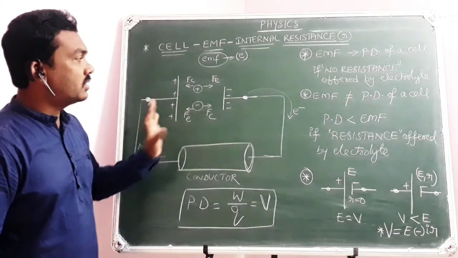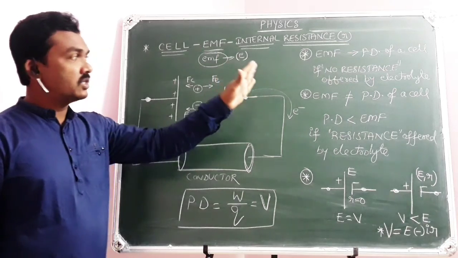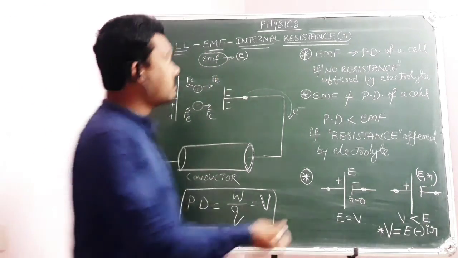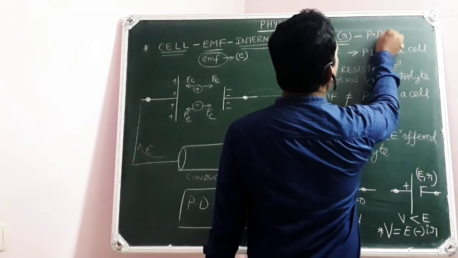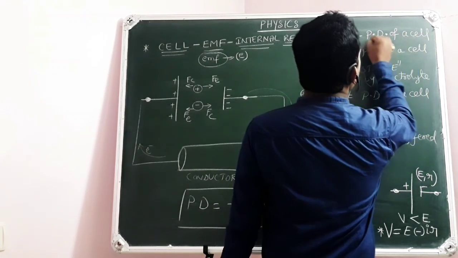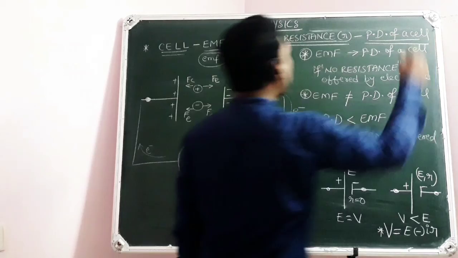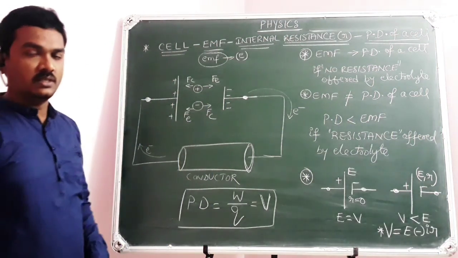So this is all the introduction to the concept of cell, EMF and internal resistance, connecting with the potential difference or voltage of a cell. To be clear, this is the topic that we are going to discuss.